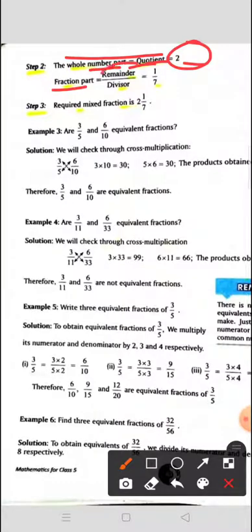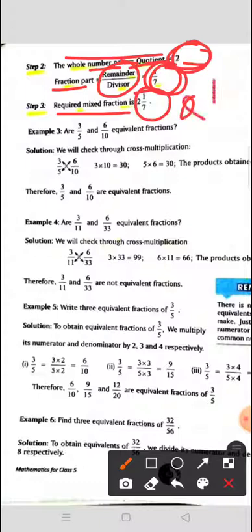The fraction part is remainder upon divisor. Now the mixed fraction is the combination of the whole part and the proper fraction. Quotient, remainder, then divisor. I have already told you.